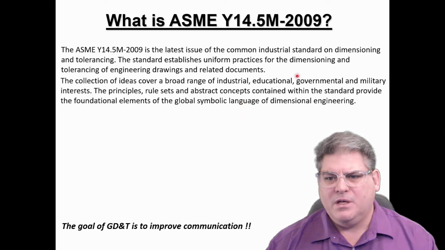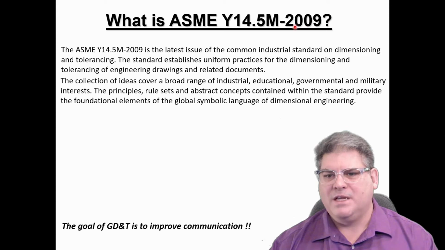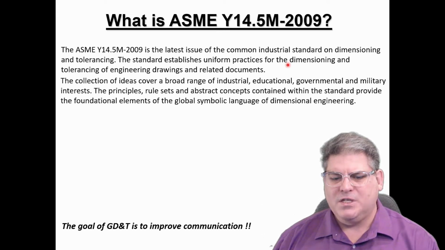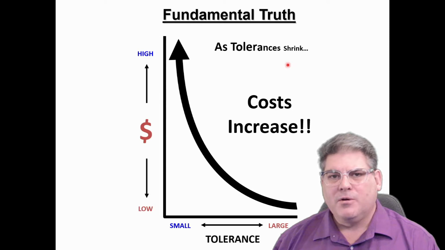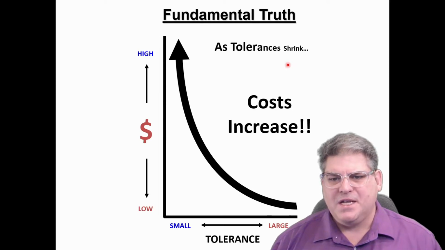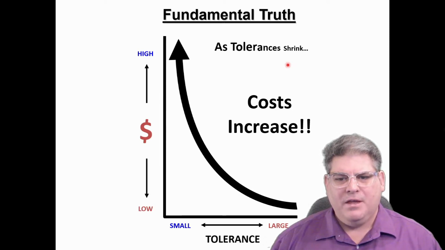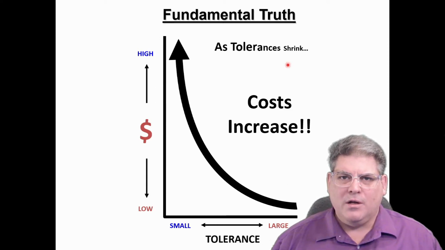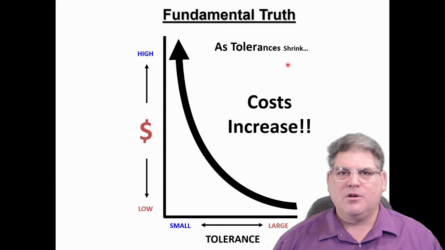As you can see, this is a very old standard, 2009, and it has been updated. But the goal of GD&T, as I said, is for communication. There is something you need to understand, however, which is that as your tolerances decrease, your cost increases.